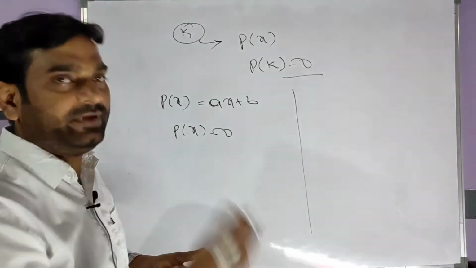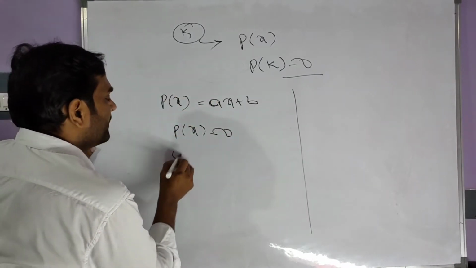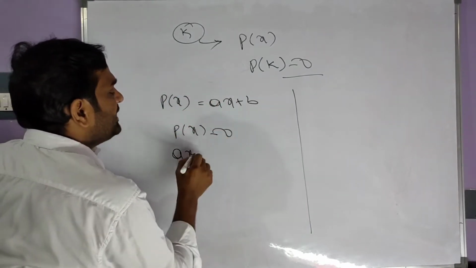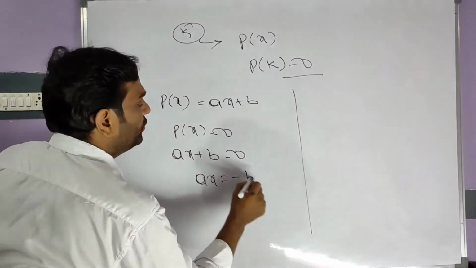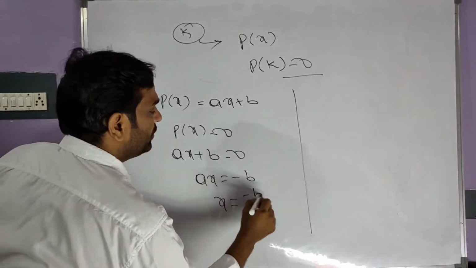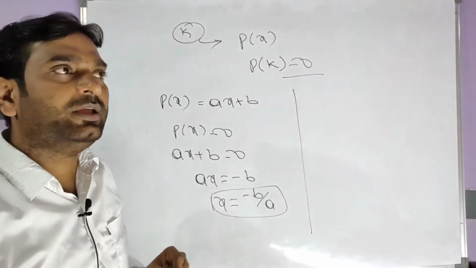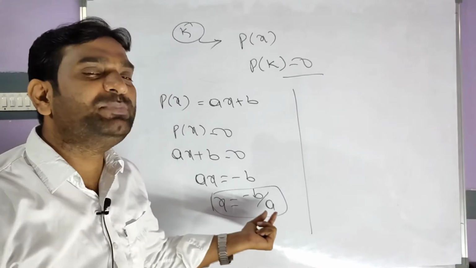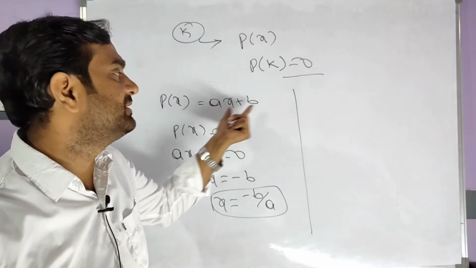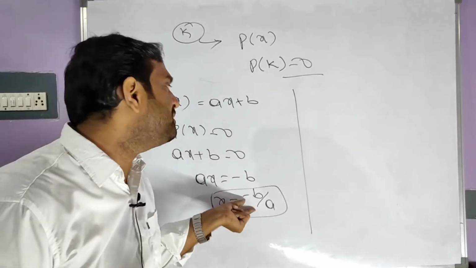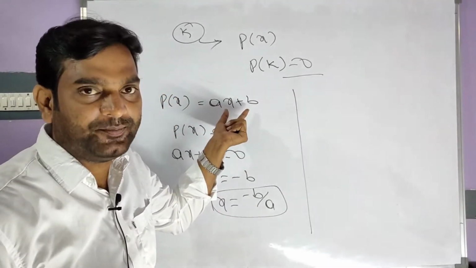How can we find that? Let's take p of x equal to 0. Ax plus b equal to 0, ax equal to minus b, x equal to minus b by a. For the value of minus b by a, this linear polynomial ax plus b is 0. Then minus b by a is the zero of the given polynomial ax plus b.